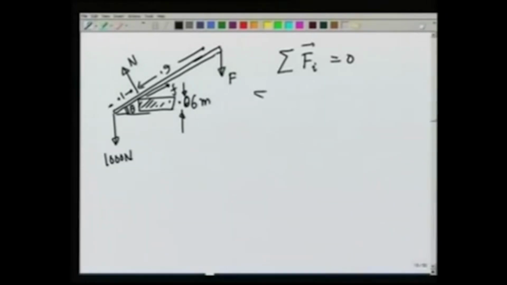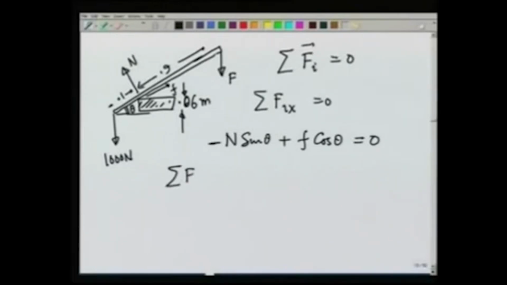So, summation F_i x is equal to 0 gives me negative N sin theta plus F cosine of theta is equal to 0. Similarly, when I write summation F_i y, the force component in y direction is 0.